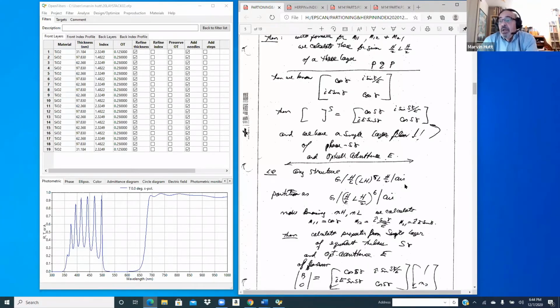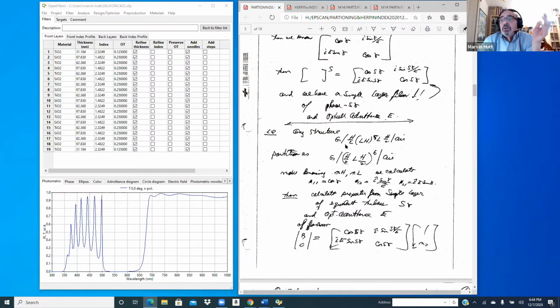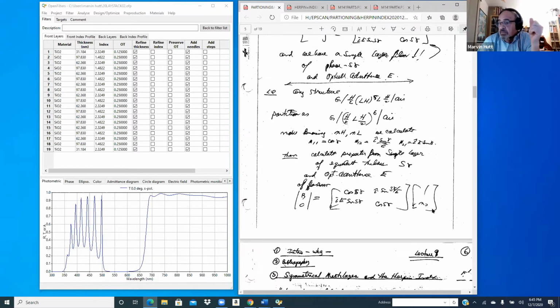So any structure which can be partitioned like this, knowing NL and all, we can calculate cosine gamma and E and calculate the propagator for a layer of equivalent thickness of this form. So this is the E. This is N0.